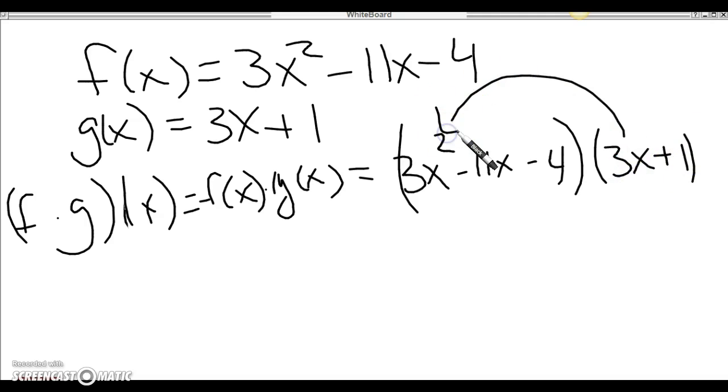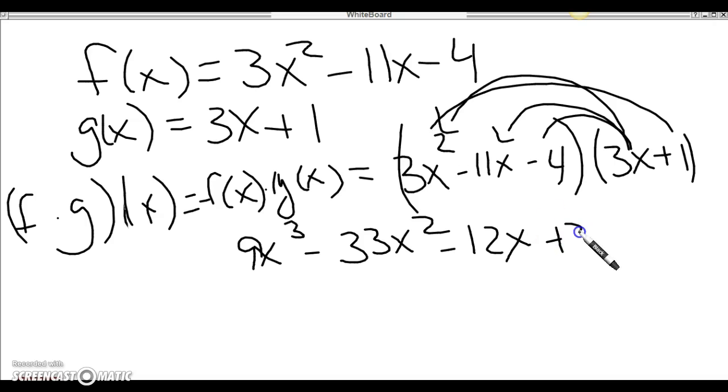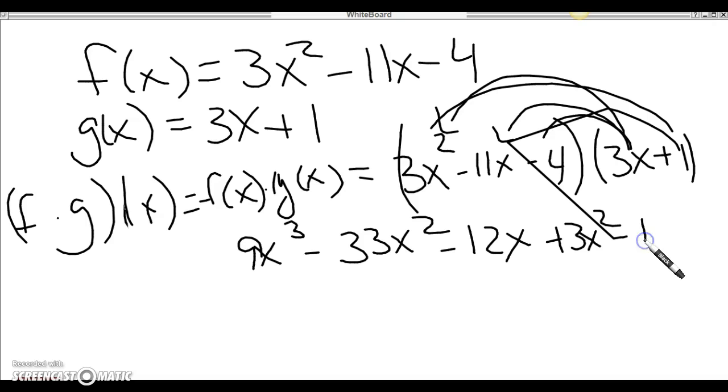So I'm just going to go ahead and start multiplying. 3x times 3x squared is going to give me 9x cubed, and then 3x times negative 11x is going to give me negative 33x squared, and 3x times minus 4 is going to give me minus 12x, and then 1 times 3x squared is going to give me a plus 3x squared, a minus 11x, and a minus 4.